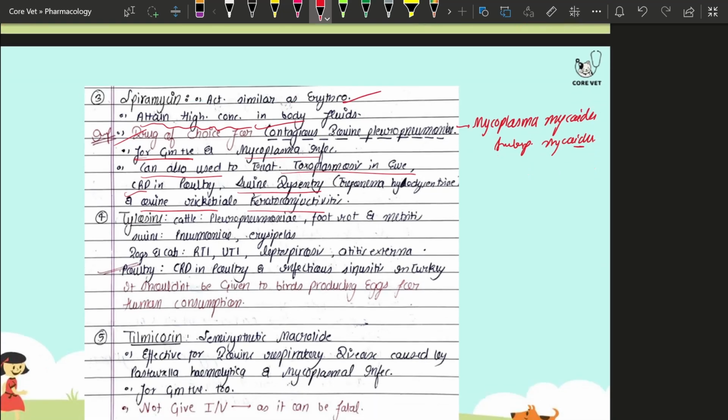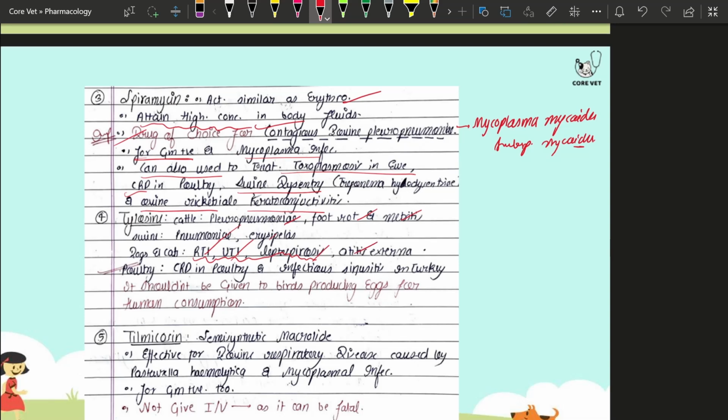Talking about tylosin, in cattle it is used for the treatment of pleural pneumonia, foot rot, and metritis. In swine, it could be used for pneumonia and erysipelas. Dogs and cats could be treated for respiratory tract infection, urinary tract infection, leptospirosis, and otitis externa.